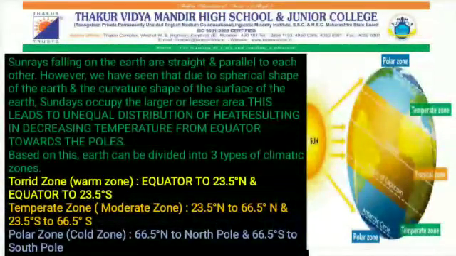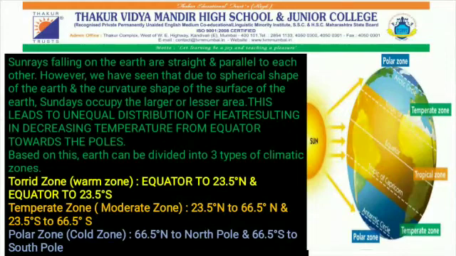So we have learned that according to how rays fall on the surface of the earth, we have divided the earth into three zones: torrid zone, temperate zone and polar zone. Torrid zone is where the rays fall extremely straight, that is the equator to 23.5 degree north and the equator to 23.5 degree south.